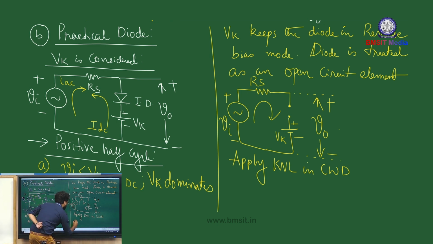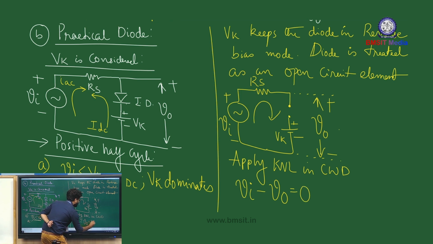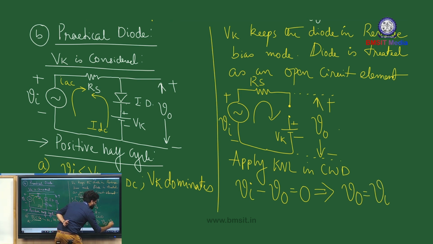So you have -Vi plus... then the current across Rs is 0 because I is 0 due to the open circuit nature of the circuit. And then you have plus to minus, so that is minus V0 is equal to 0. This implies that your output voltage V0 is equal to Vi.